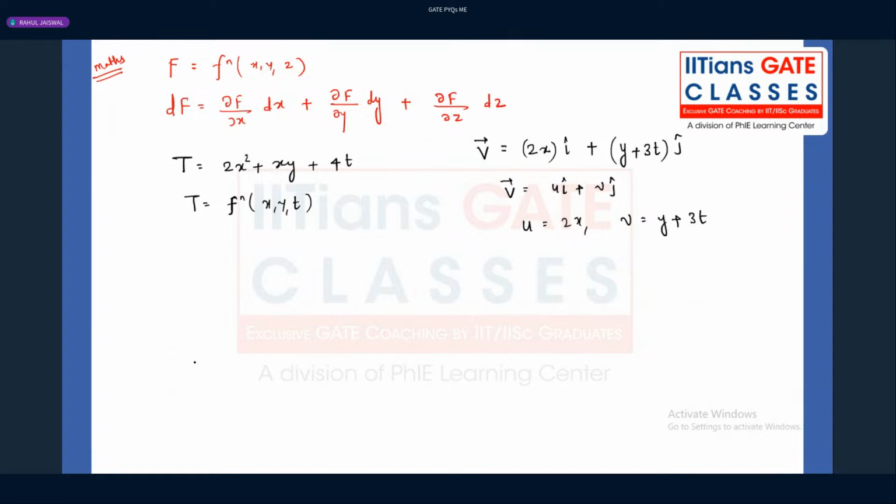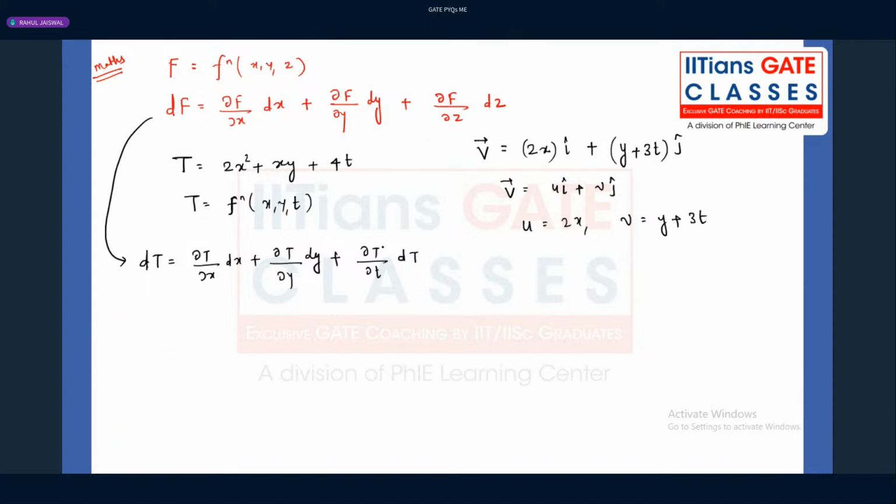But we need to find the time rate of change of temperature. But what is the total change in temperature? dT. Just try to correlate this one. dou T by dou x into dx, dou T by dou y into dy, dou T by dou t into dt.